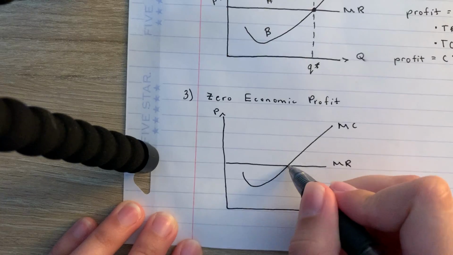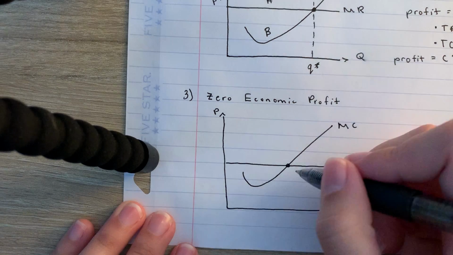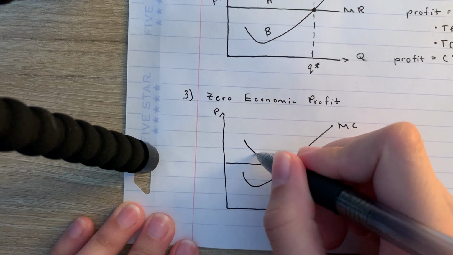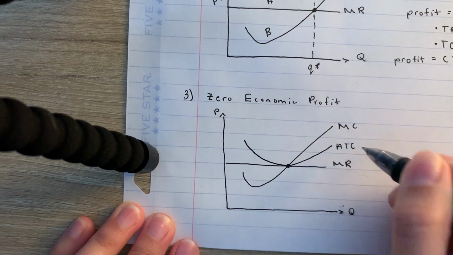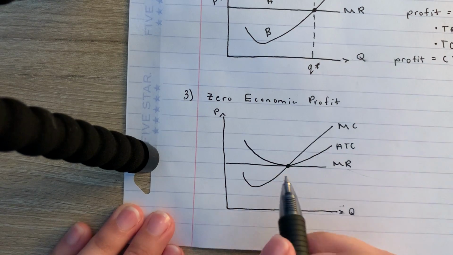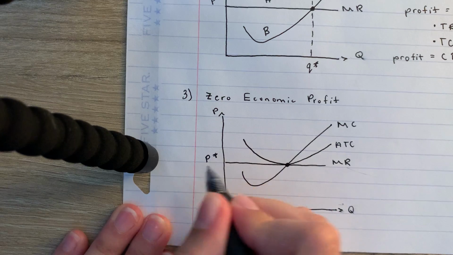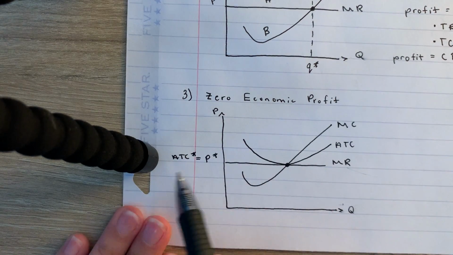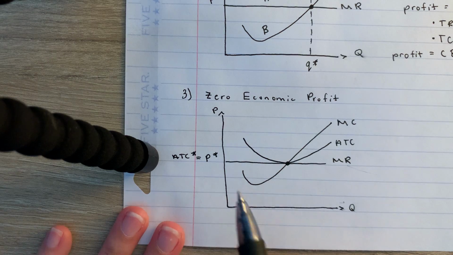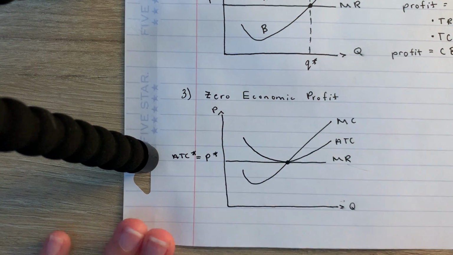Here's our MR and MC. Well, you can probably imagine that at zero economic profit, the ATC crosses right here at this intersection point. So in this case, P star is also equal to ATC star. So the price and the cost are the same. So this leaves us with zero economic profit.